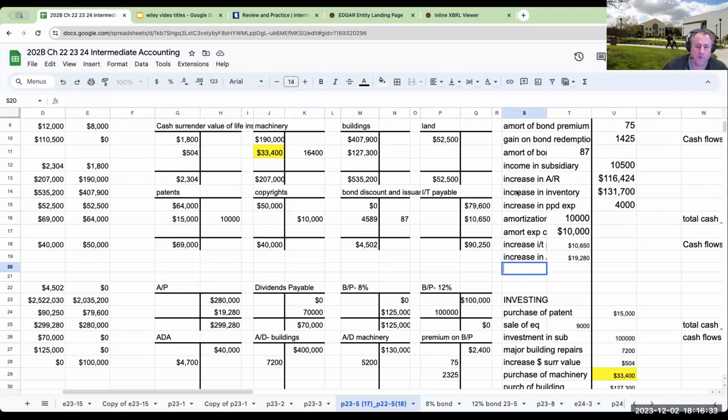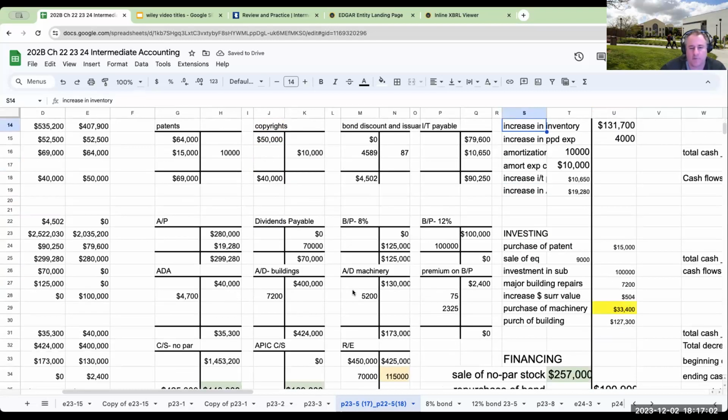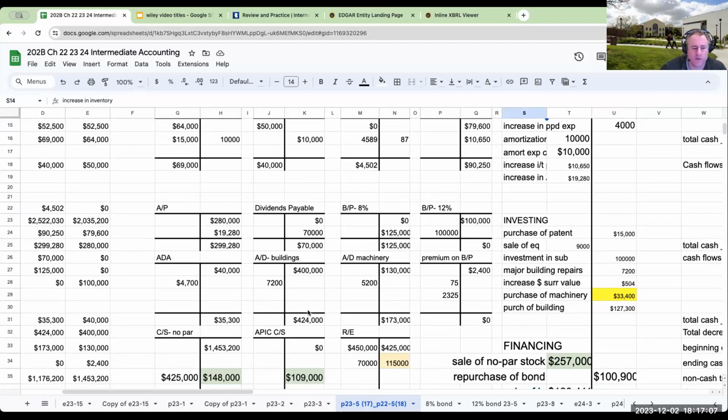Actually, this is just so poorly worded, plus the allowance for doubtful accounts. So the 116,424 is going to be 116,424 plus 4,700, or 121,124. And we're going to call this an increase in AR net. This is just a really poorly set up question. To me, it's messed up, but it's just different than the way I usually do things.